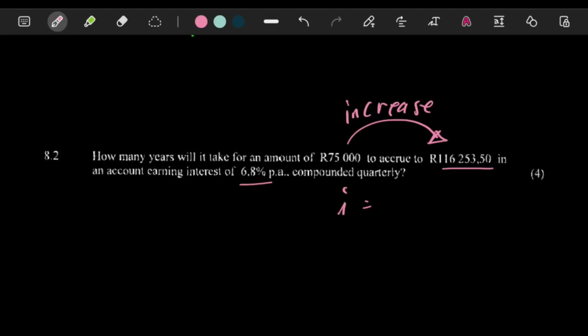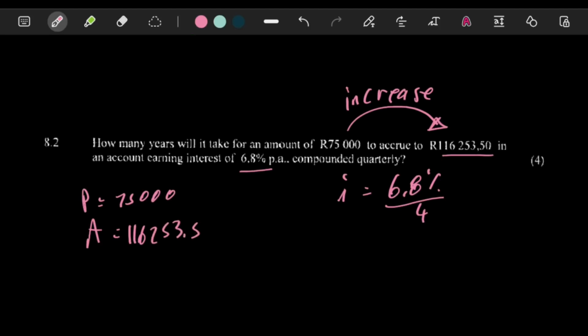So let's see. In an account earning interest at this much per annum, compounded quarterly. So compounded quarterly means you have to say 6.8% over 4. And then you have to say that this is an amount to start off, right? P is 75,000. And then to end off, it is 116,253.5.